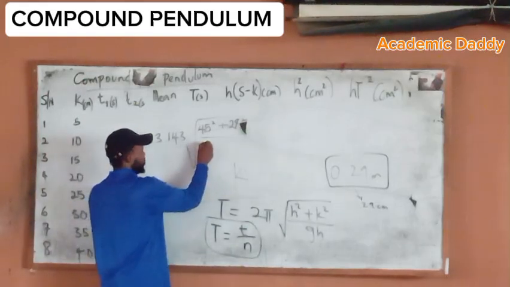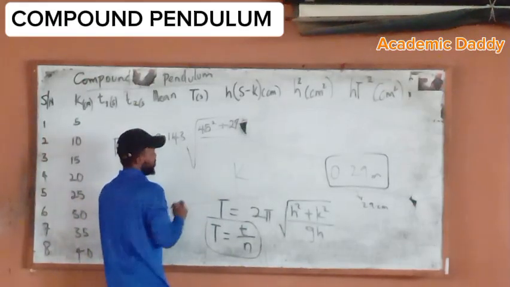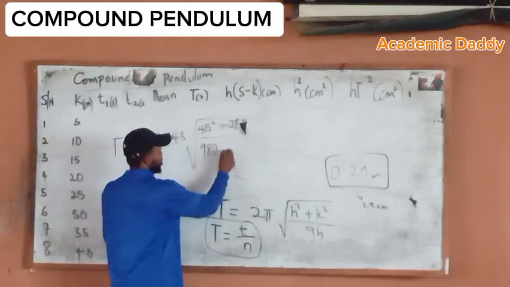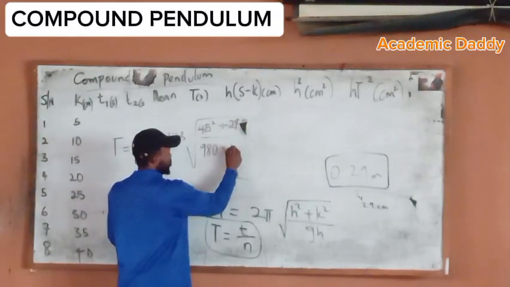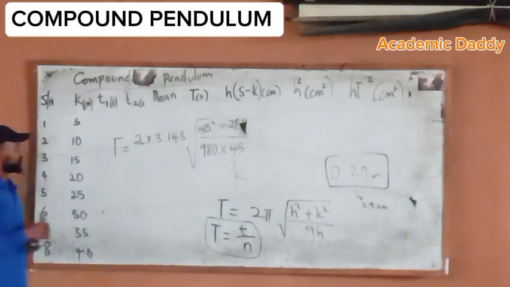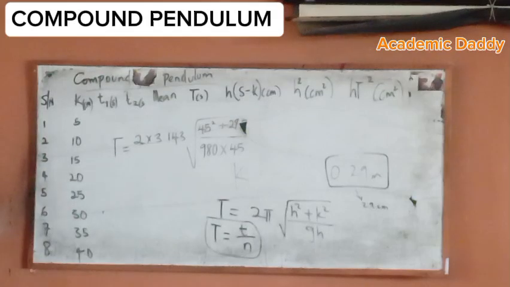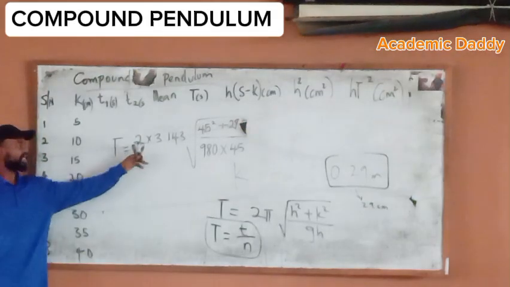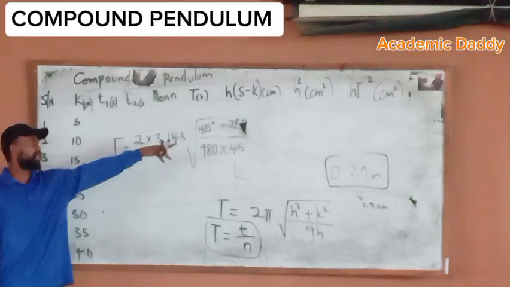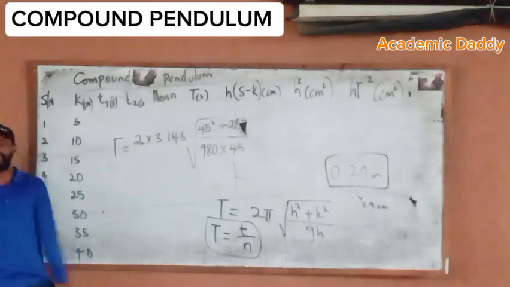9 times our h, 5. Punch for me. 2 times 3.143. Then take the square root of 45 square plus 29 square all over 980 times 45.